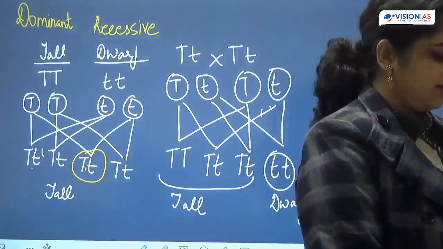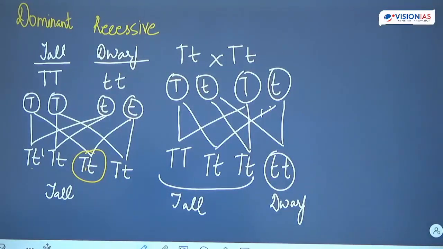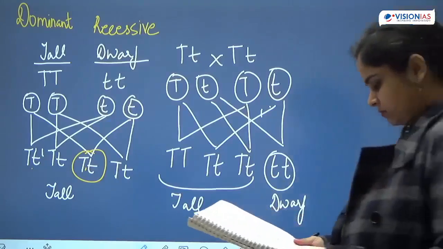Okay, write this down further. All characters are manifested by two factors. These factors or genes are units of inheritance.